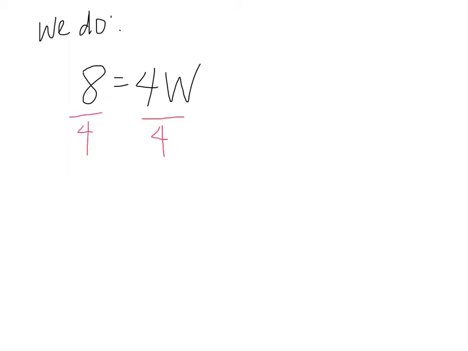Remember, you're always trying to get the variable alone. So if the variable's over here, get the number next to it to the other side. If the variable's over here, get the number next to it to the other side. So in this case, here's my variable. Whatever number's hanging out with it is the one that's got to go. So 4 goes into 4 once, so it just really cancels that out. Leaves me with w.